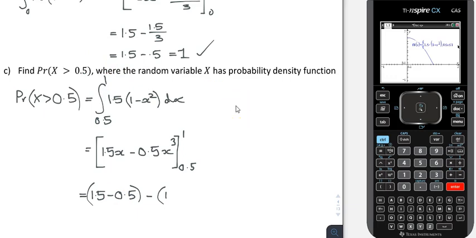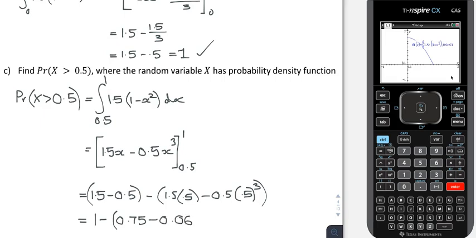So be aware of that, just as a shortcut. And then the second part is what we're removing off. So you put that into your calculator, and either way you'd get this result of 0.3125. And then that's your probability of being greater than 0.5.